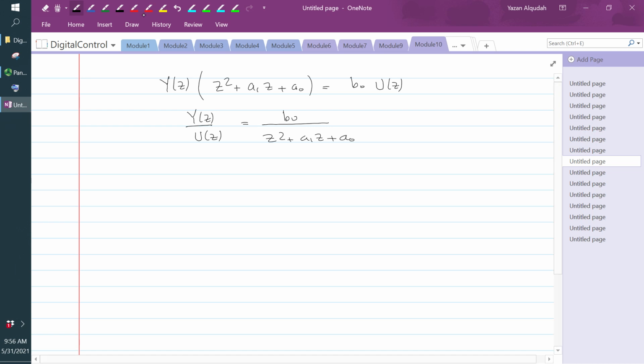So this is the transfer function, and that is how we obtain it from a difference equation. We take the z transform, we set the initial conditions to 0, and then we factor Y(z) divided by U(z).